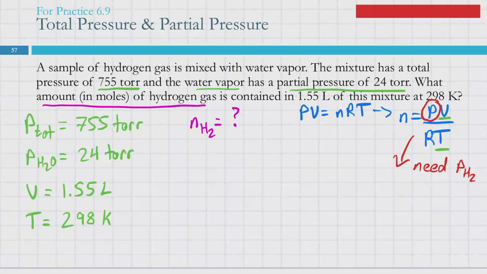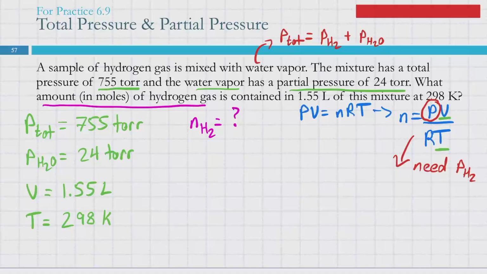Hydrogen. So we're told in the first sentence it's hydrogen gas mixed with water vapor. So this is Dalton's law of partial pressures is what we're using here. So P total is equal to the pressure of the hydrogen gas and the pressure of the water.